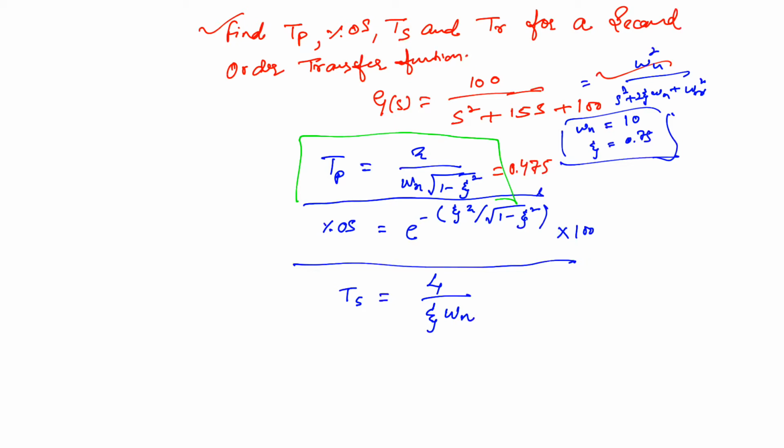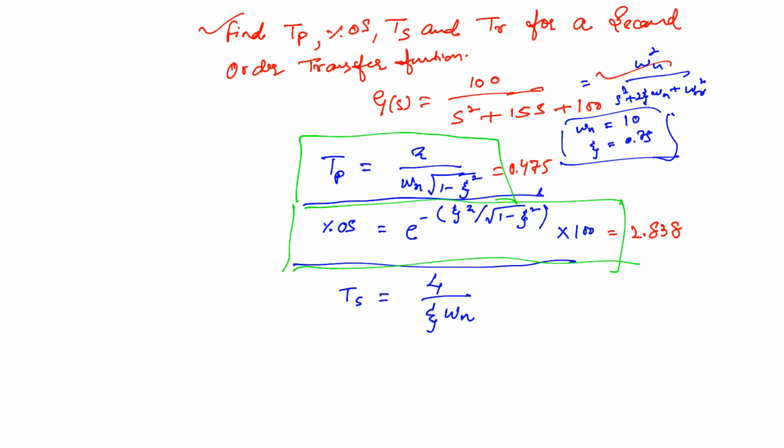Now we have to find the value of the percentage overshoot, as we have derived earlier. Percentage overshoot is given by this equation. Substituting the value of xi, the percentage overshoot is 2.838.